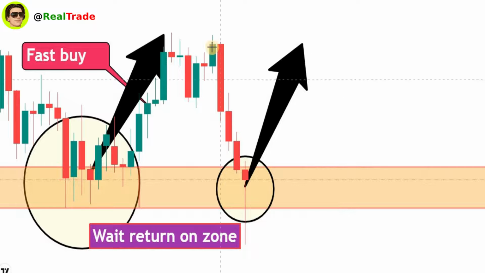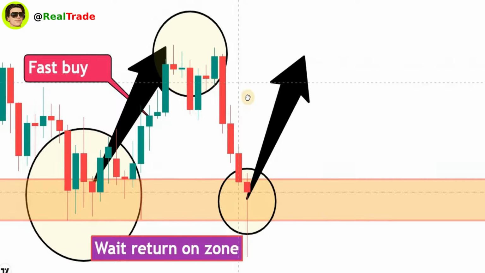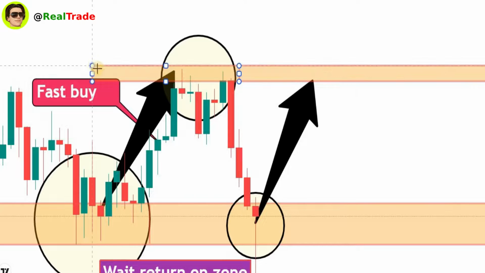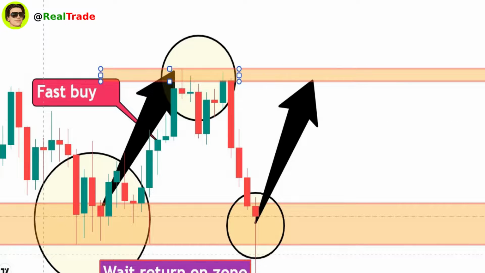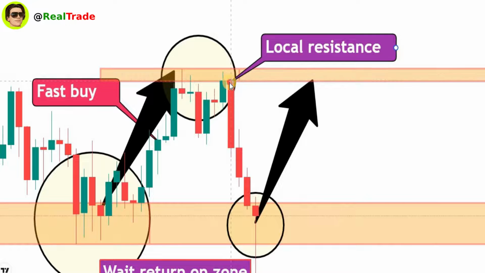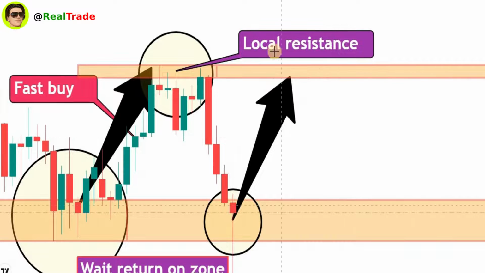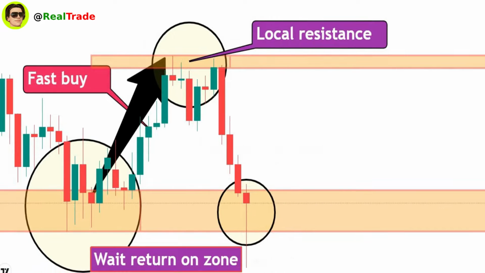This area is local resistance. Look at the chart. Design local resistance. Next candle. Yes, this area is local resistance. I design local resistance.